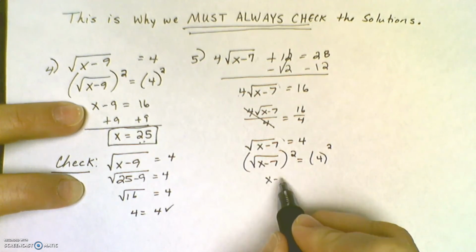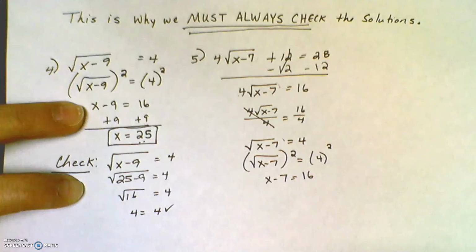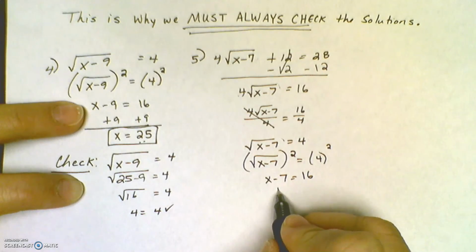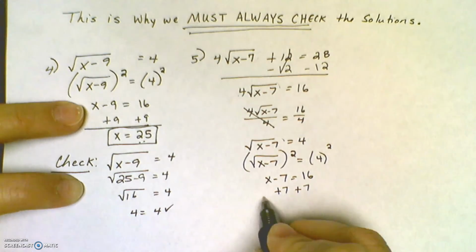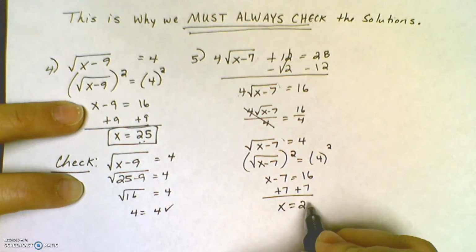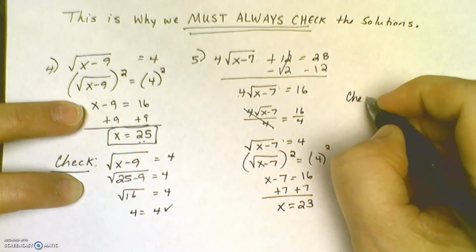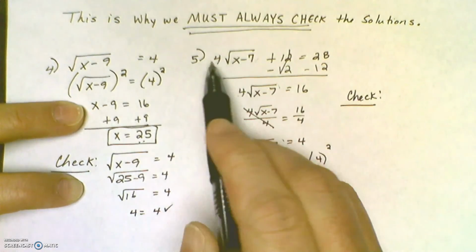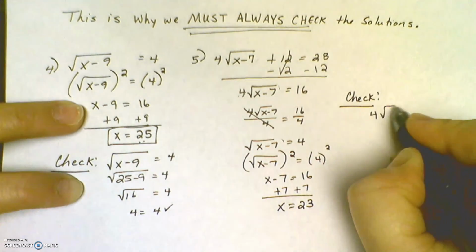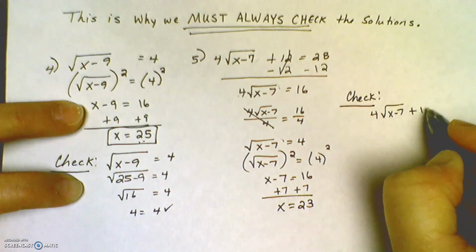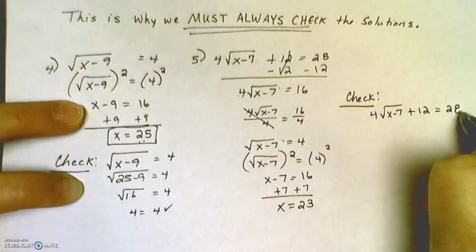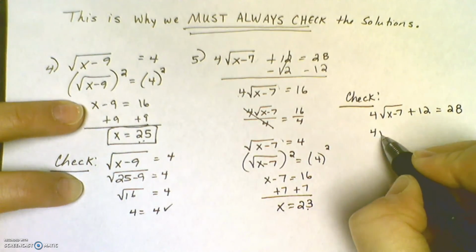Squaring the radical, 4 squared is 16. Add 7 to both sides. We get 23. To make sure this works, let's do a check. Take the original, plug in the solution you got, 23.